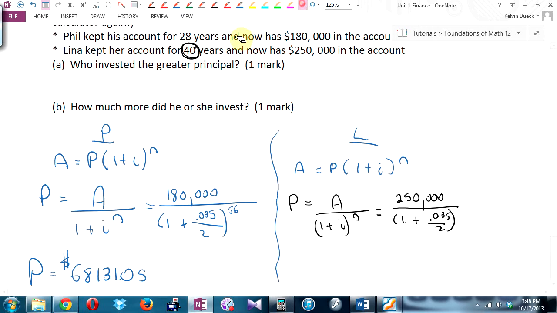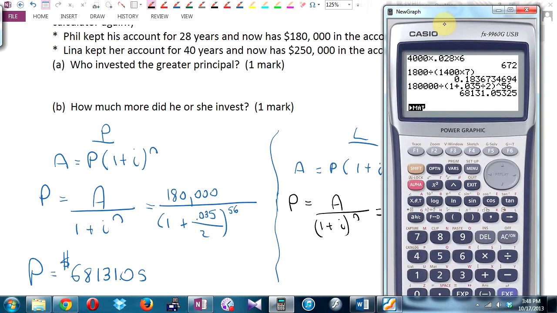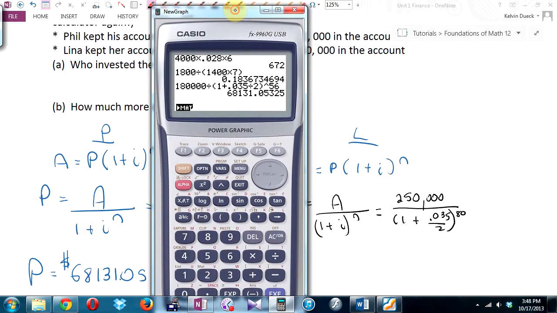In your head, please. Thank you for not letting me down. $250,000. Whoop, that's wrong. Divided by bracket 1 plus 0.035 over 2 close bracket to the power of 80.